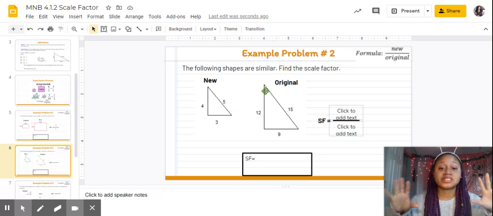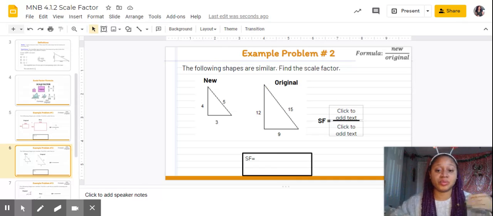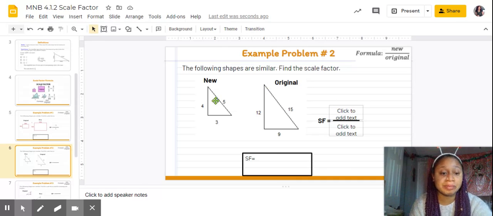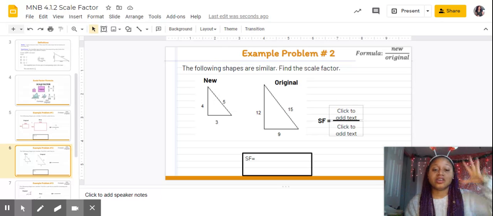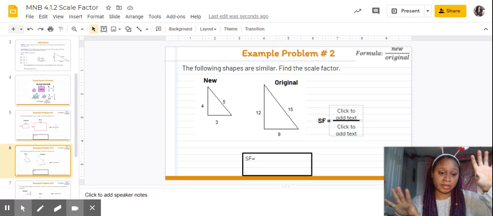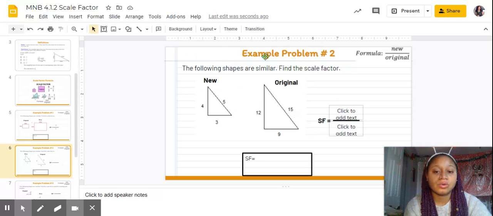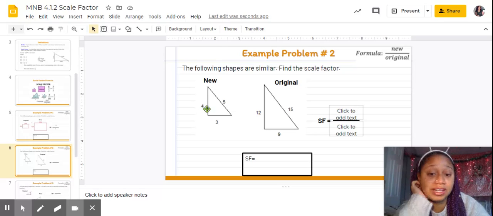So now, sometimes they have it where your new shape is actually the smaller one and your original is the larger. So that means you're going from a larger to a smaller shape. So we're still doing our new divided by original. And so you can pick any side. So I'm going to pick 4 here, and then the corresponding side to 4 is 12.